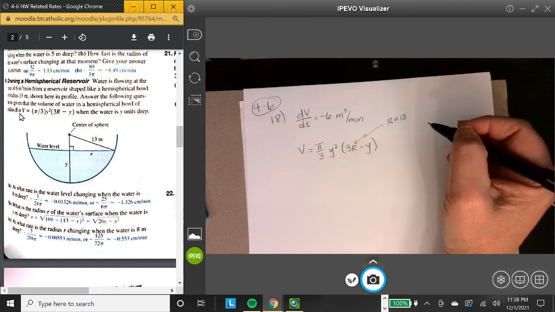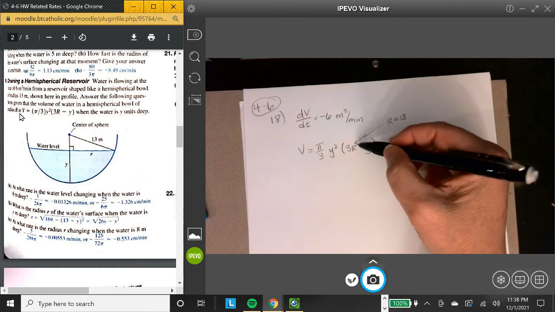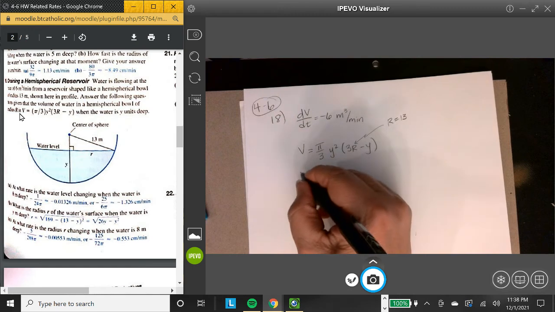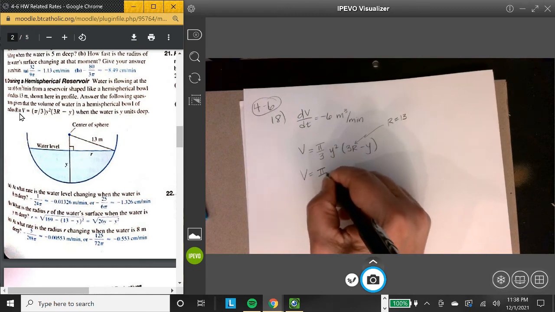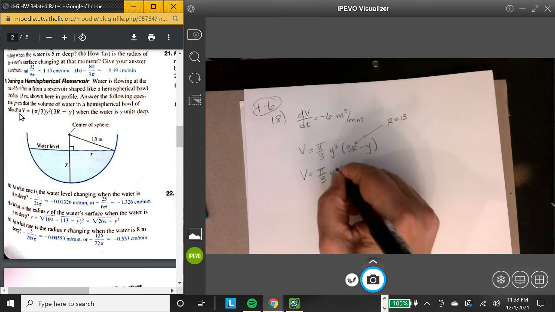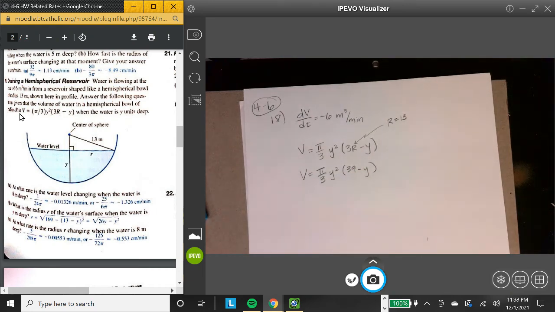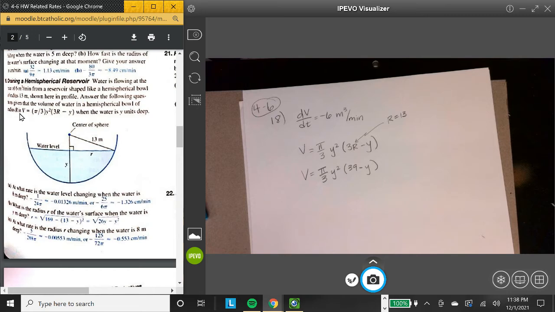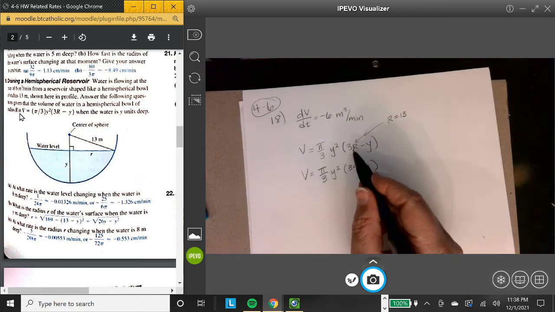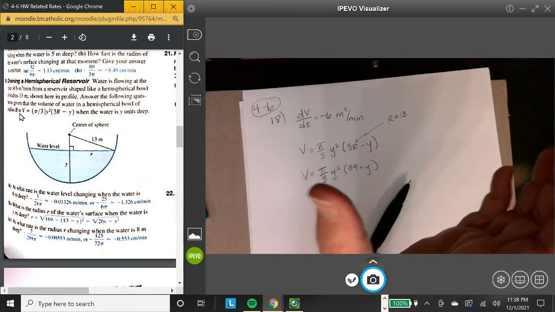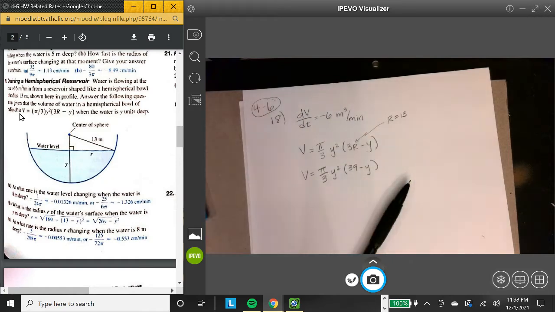So that's constant. So this R is going to be 13 because that's the radius of the hemispherical bowl. So this is y squared times 39 minus y. If the bowl had a different radius, like 20 or something, that's what you would plug here. And that stays constant because the bowl's radius is not changing.